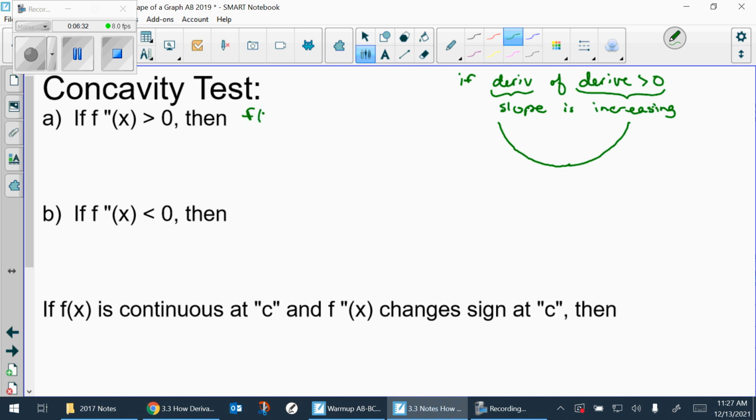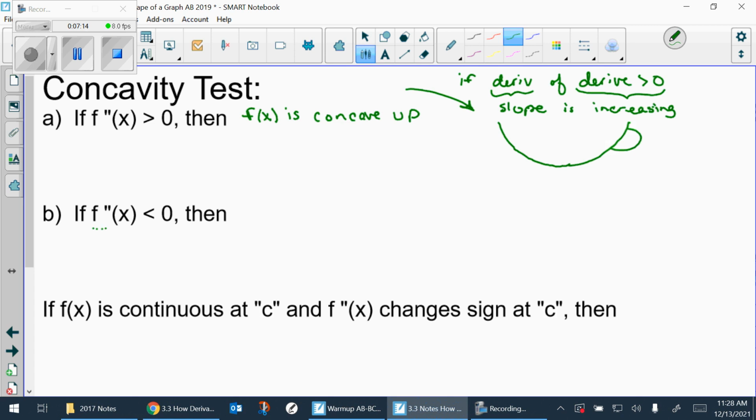Then the original function f of x is, we're going to look at this picture that we've drawn over here. And the vocabulary term that you're going to need to know is f of x is concave up, when the function is shaped like a cup. That's the handle of the cup I just put in there. It's pretty good, isn't it?